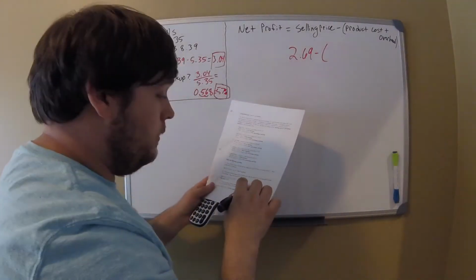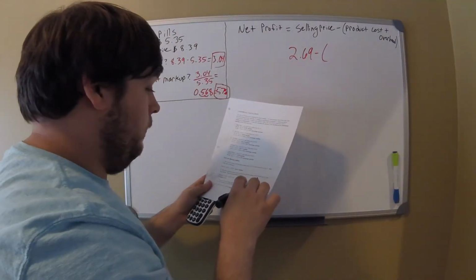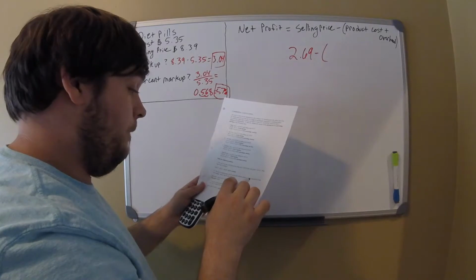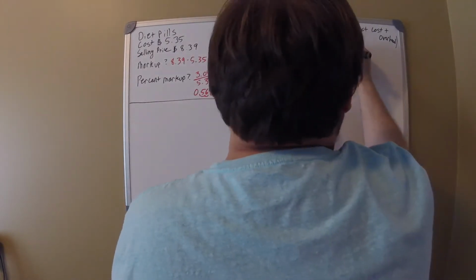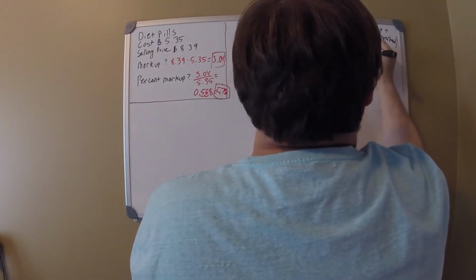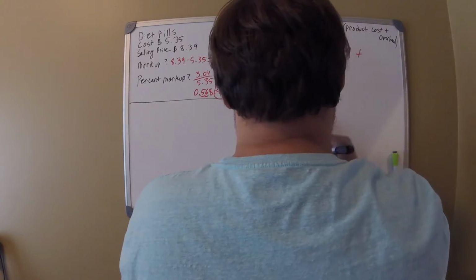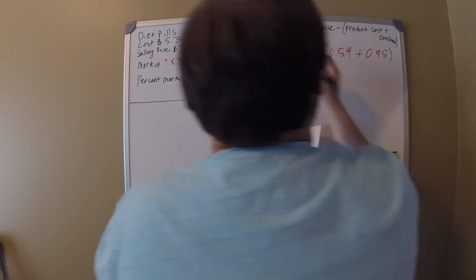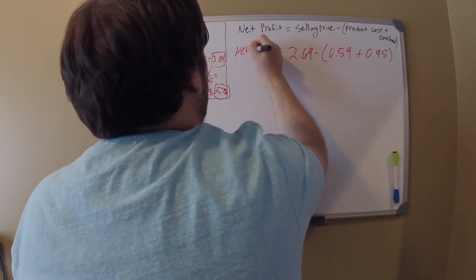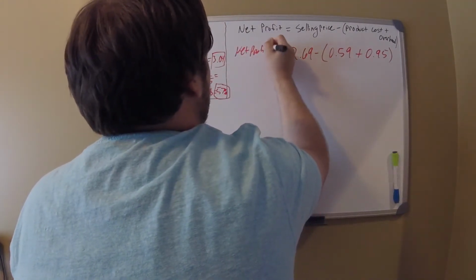The product cost is 59 cents, with 95 cents of overhead. So we want to know what our net profit is.